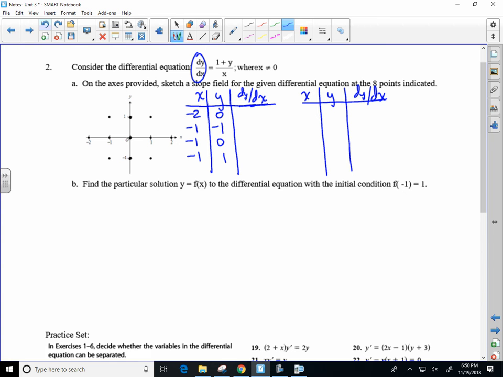0, -1, 0, 0, 0, 1. We can get a couple more in there, I guess. 1, -1, maybe just one more. Continue.